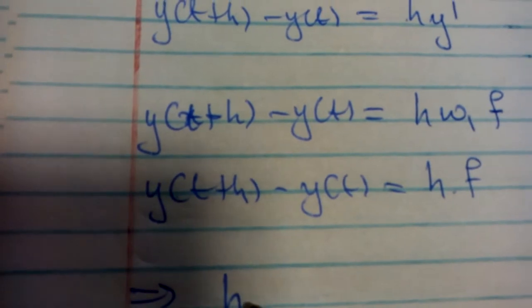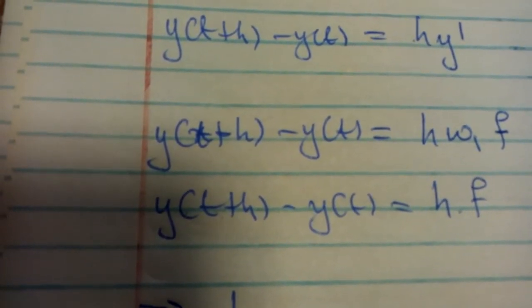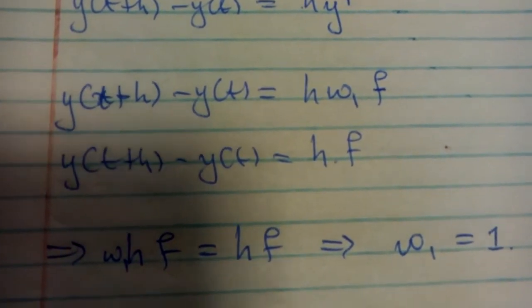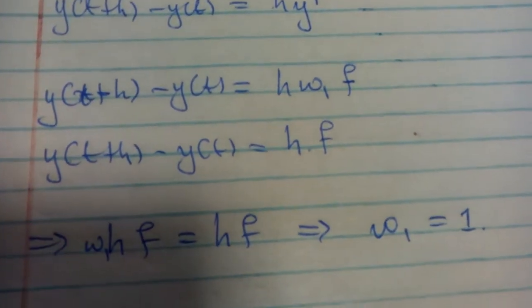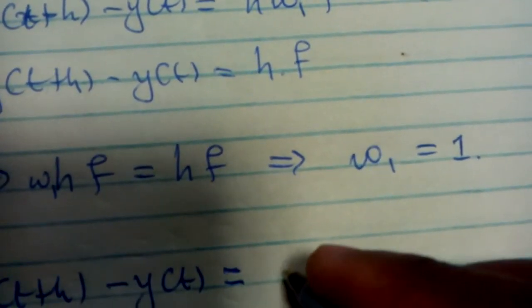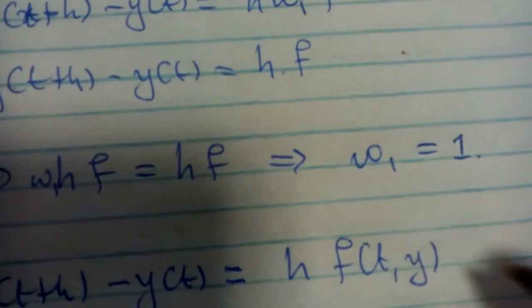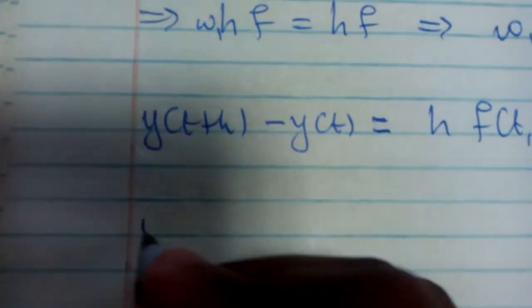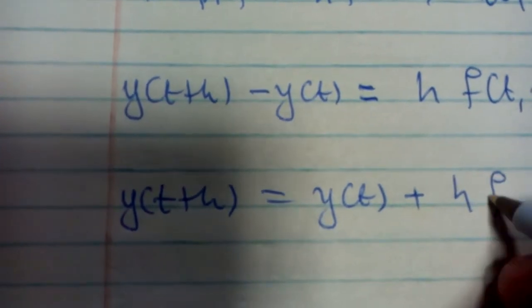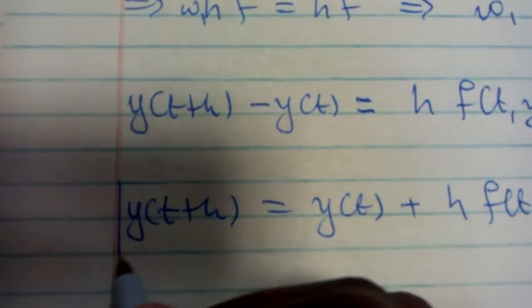This implies, in fact, let me have this as w1 h f is equal to h f, and this implies w1 is equal to 1, so that I can rewrite my y(t+h) - y(t) is equal to h times 1 times k1, but k1 is nothing but f, so this is equal to h f(t, y), so that you end up with y(t+h) is equal to y(t) plus h f(t, y). So this is our Euler's equation.